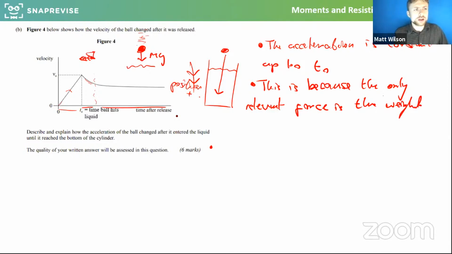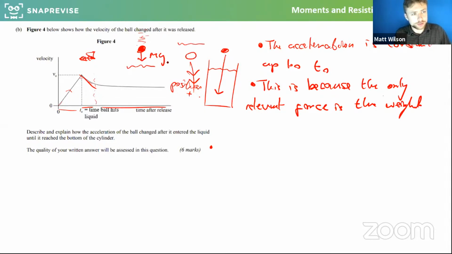Okay, good. So let's look at the second section then. In the second section, suddenly our acceleration becomes negative, because our acceleration suddenly points upwards, which in this diagram means it's actually pushing the ball back upwards. So let's write this here.